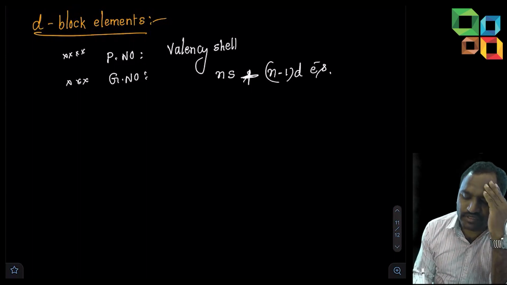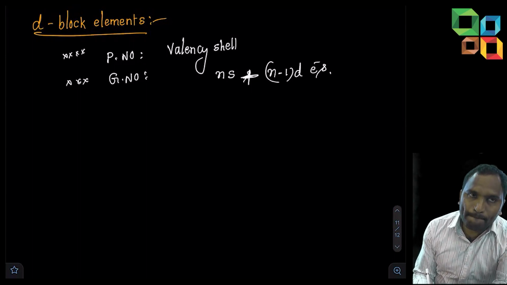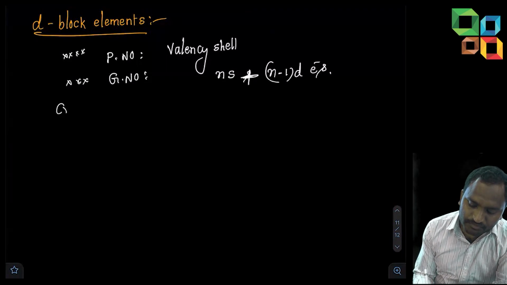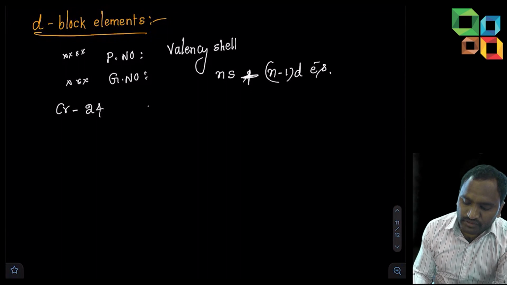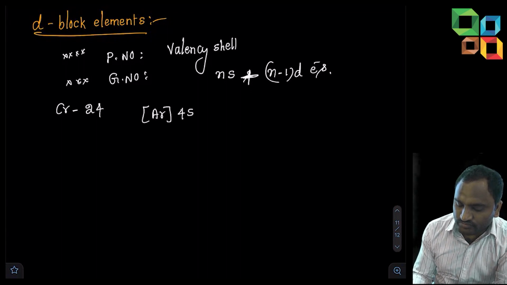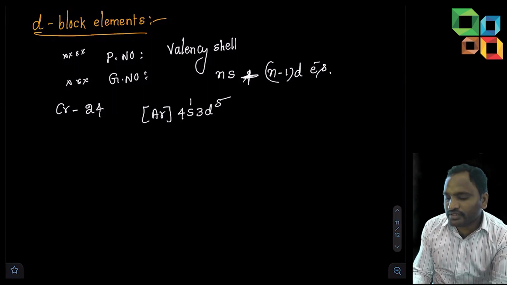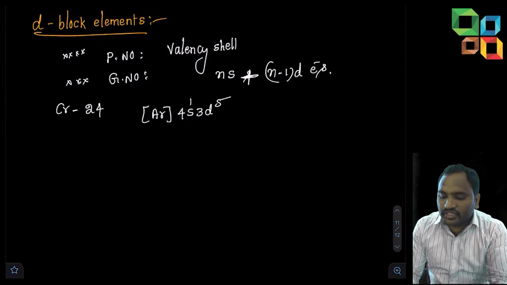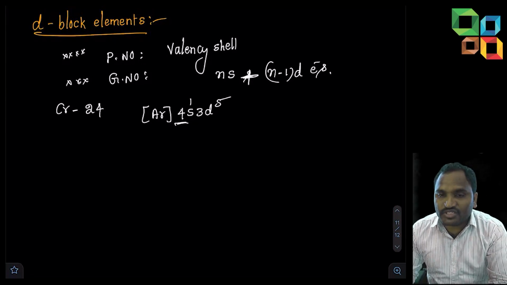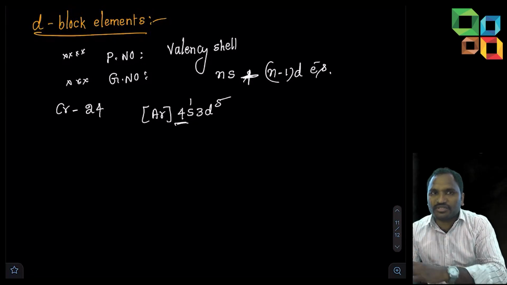Here also an example is okay. Chromium, atomic number 24. Electronic configuration argon 4s2, actual abnormal electronic configuration 4s1 3d5. Here the last shell is 4, not 3, because 4 will come after 3 only.